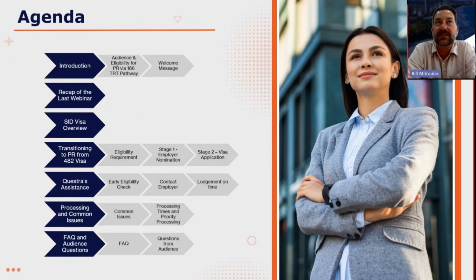Particularly for those who are holders of a temporary skills shortage 482 visa, that visa is typically for a duration of 2 years. So we'll go through some do's and don'ts. If you're a holder of a visa in the short-term stream, particularly if you want to apply within the 2-year validity of your short-term visa, then you should be aware of some common issues to avoid and how best to combat them.